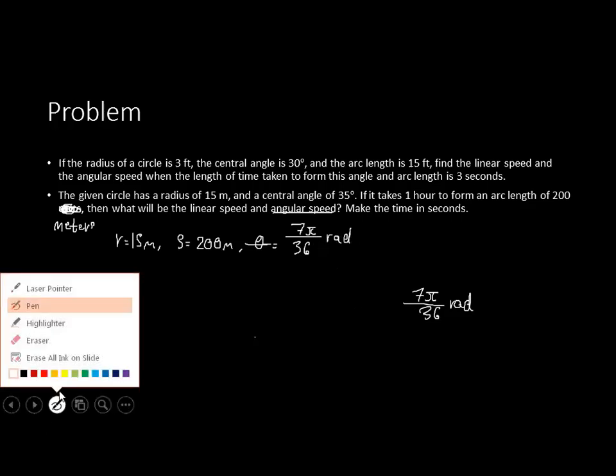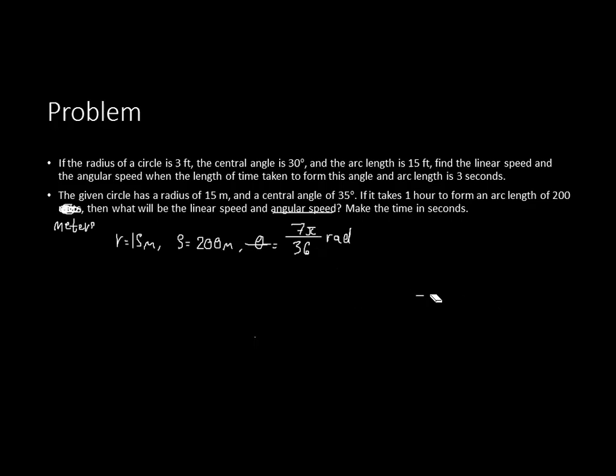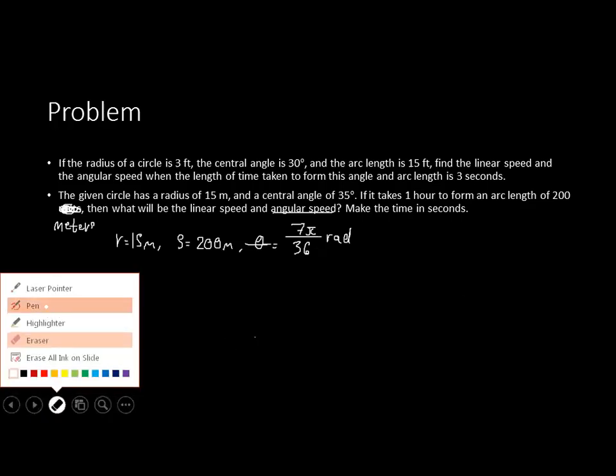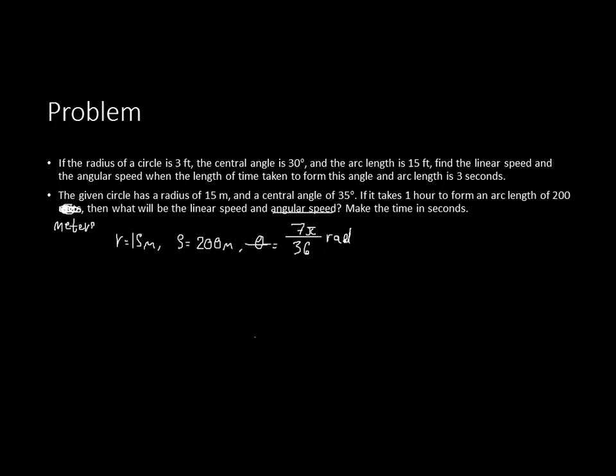It's just that you need to pick which one you would prefer. First is you must convert this time, because according to the problem, it takes 1 hour to form an arc length and a central angle. Get me? Because you see, let's just say this is a part of a circle, right?